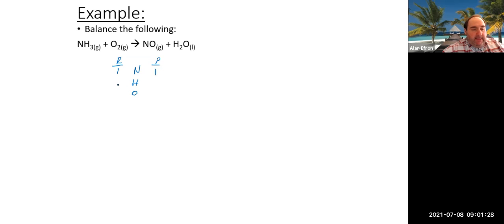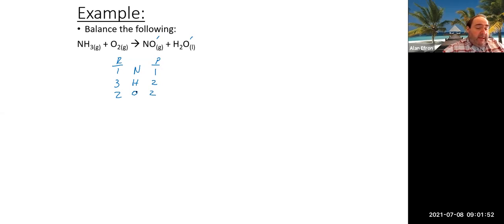Not too bad. Left-hand side, 3 hydrogens. Right-hand side, 2 hydrogens. Left-hand side, 2 oxygens. Right-hand side, 1 oxygen, 2 oxygens. So 2 oxygens there. So it doesn't look too bad. We have everybody balanced except for hydrogen. So clearly that would be a good place to start.